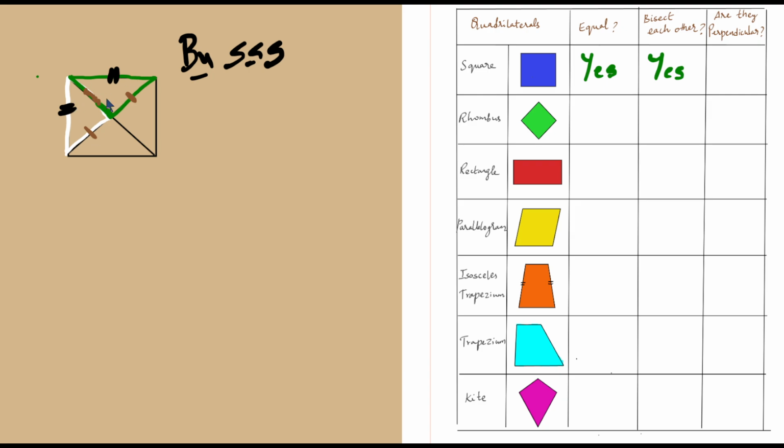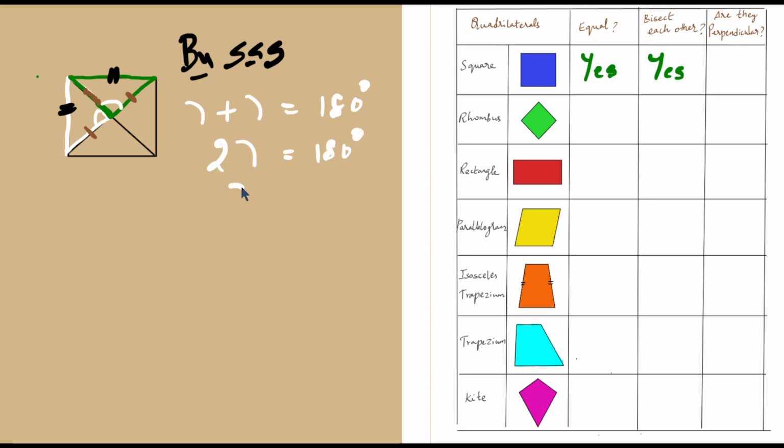The three corresponding sides are equal to one another. So the triangles are congruent. So what have we concluded? The two angles here are equal. And if I say that the white angle here plus the white angle there is 180 degrees, and we know that they are equal, so two whites is equal to 180 degrees.